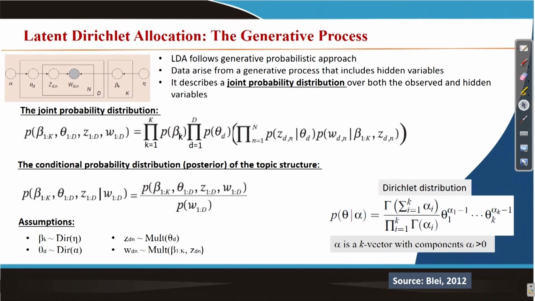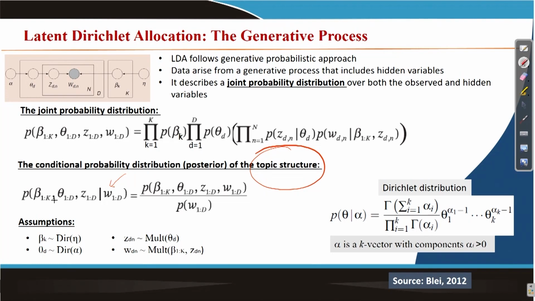Then from the computation point of view, when we want to know the topic structure, the topic structure is captured through a conditional probability distribution, which is known as the posterior distribution. That means our observed one is W, but we don't know beta, theta and Z. So given W, what will be the beta, theta and Z?